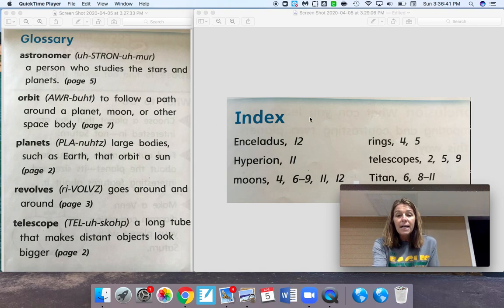Now, what makes the index different from the glossary is it doesn't give you a definition. It doesn't show you how to pronounce the word. All it does is tell you what page it's on.